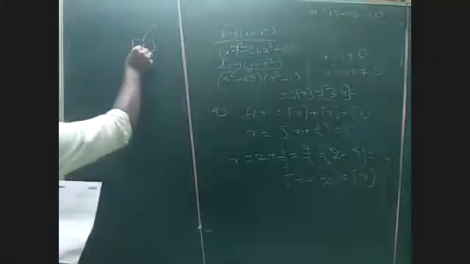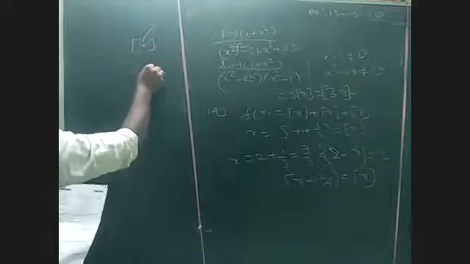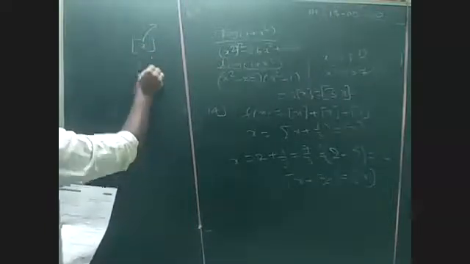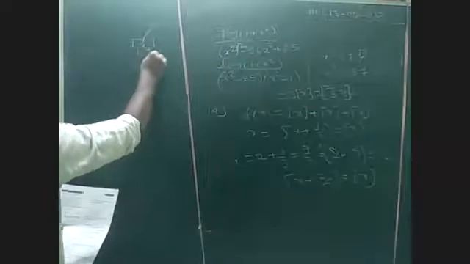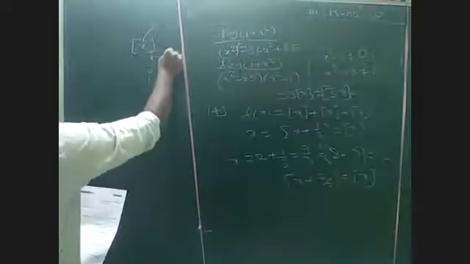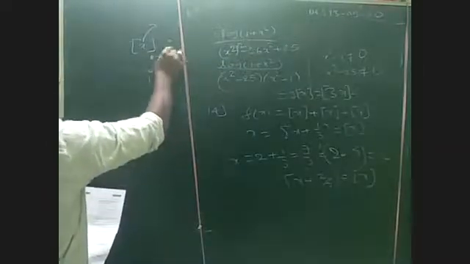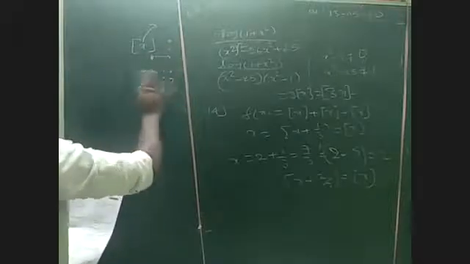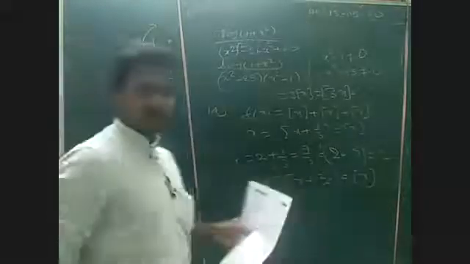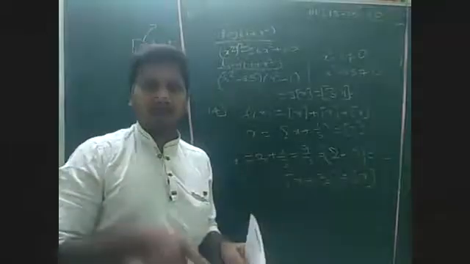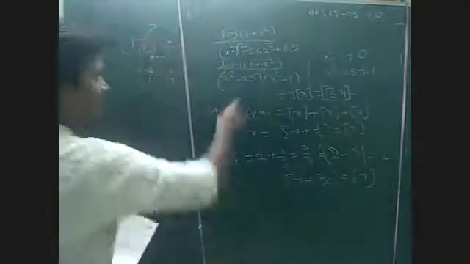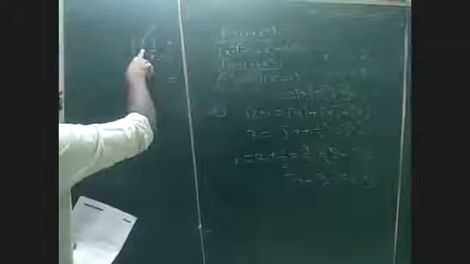Step x is clearly not continuous at every integer because at every integer it jumps from one value to another. For example, at 2 it will be jumping. Remaining values, for each and every decimal, it will be continuous. So here x should not be an integer.